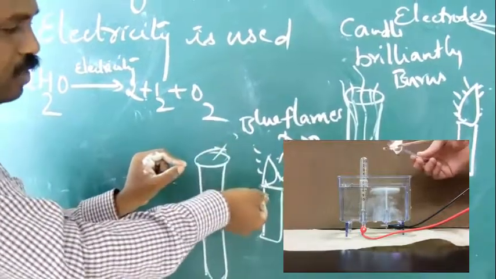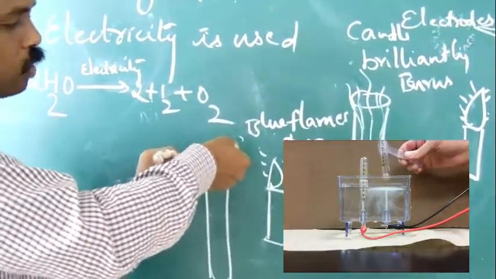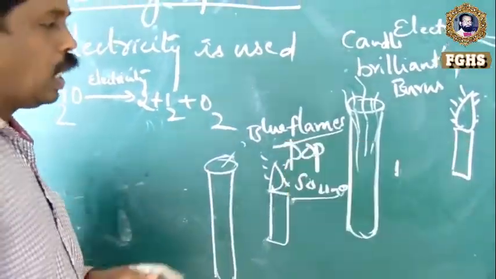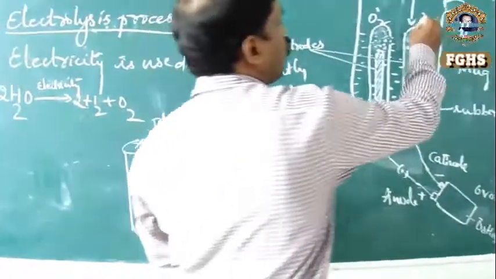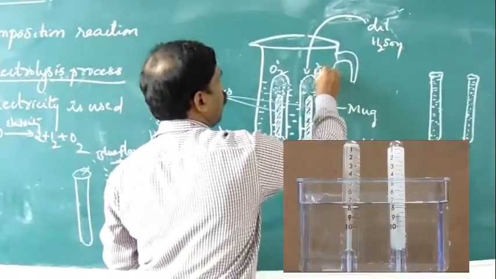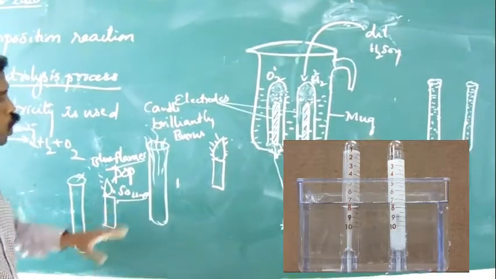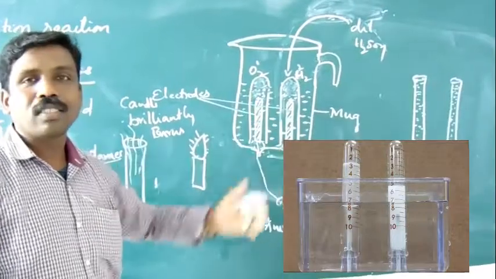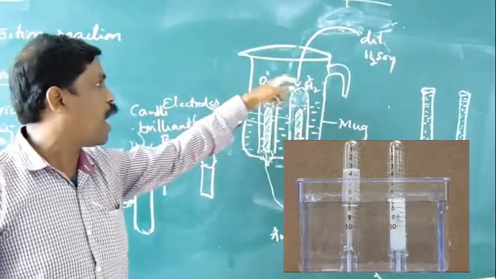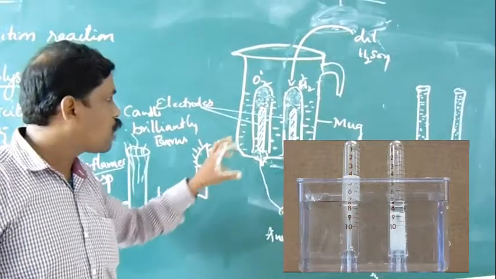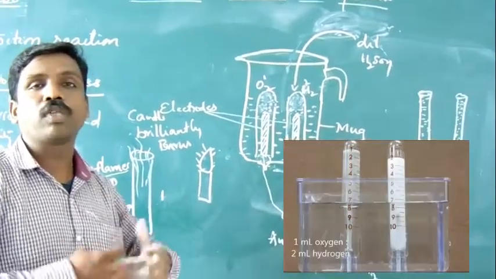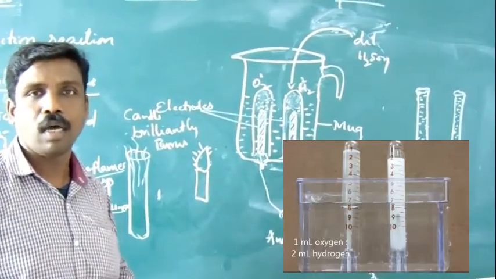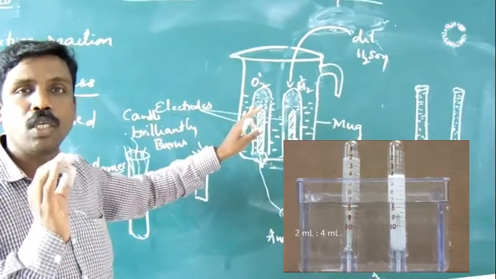So hydrogen is present here. Due to the passing of electricity, the water is decomposed into oxygen and hydrogen. This is how decomposition of water takes place through the electrolysis process. Here electricity is used.